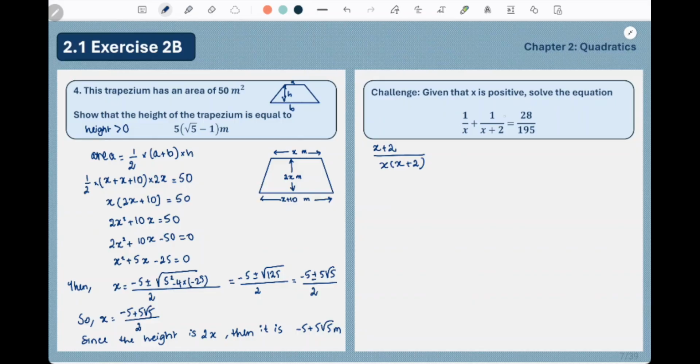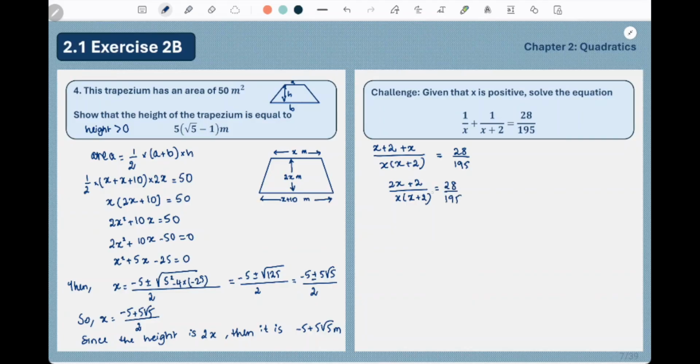And for this one, I need to multiply both top and bottom by x, so it's plus x. So here is equal to 28 over 195. Simplifying, it is going to be 2x plus 2 over x plus 2 equal 28 over 195.